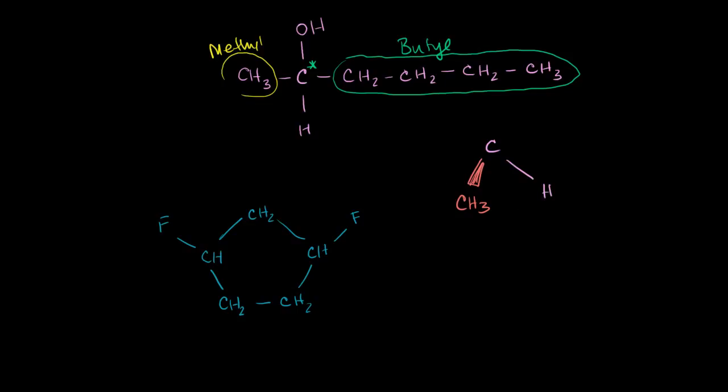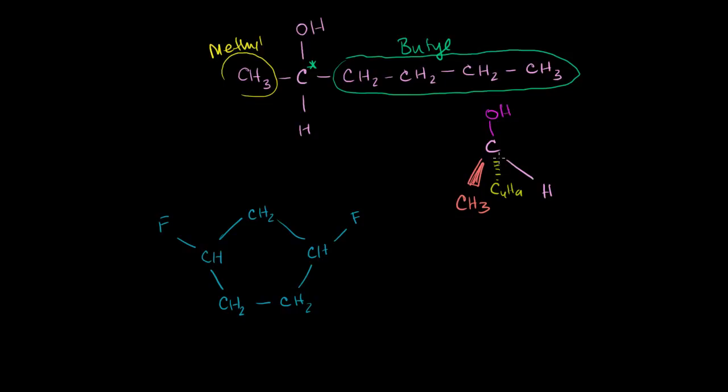And then behind it, you would have the butyl group. So kind of the back leg of the tripod, you'd have a butyl. And what is that? That's C4H9. So it's C4H9 in the back. And then above it, in a different color, you have your OH.